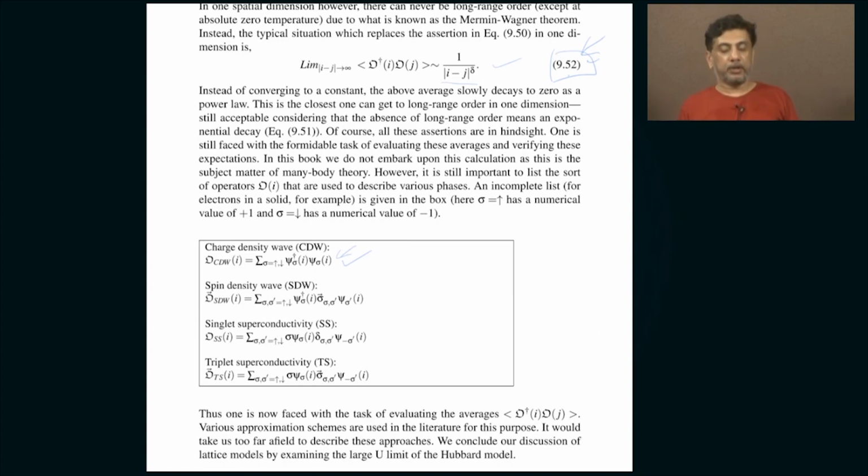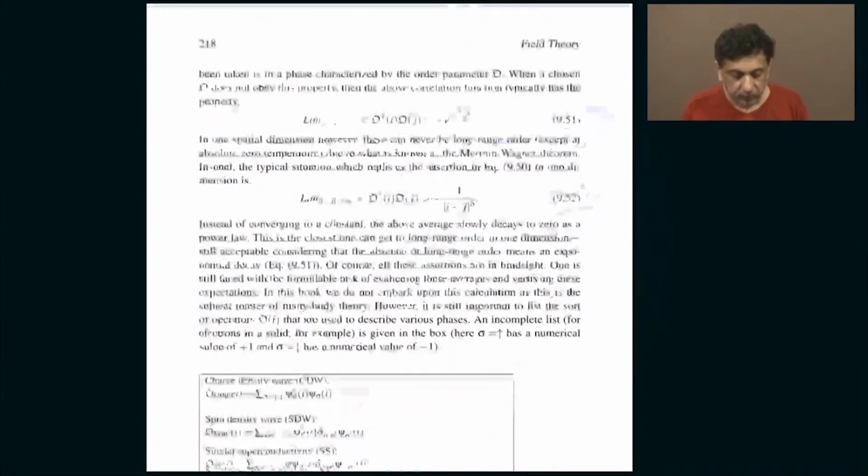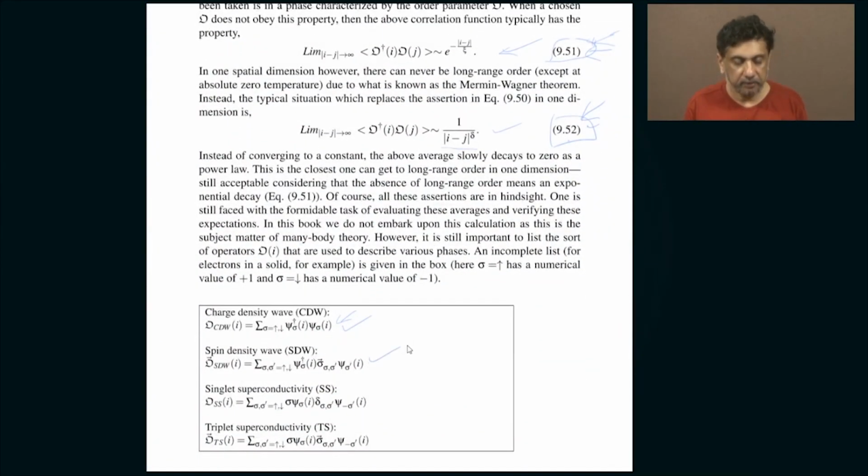If you are able to verify 9.50 using this order parameter, then it means that there is some sort of magnetic order in your system, so that the electrons have their spins arranged in some orderly fashion.